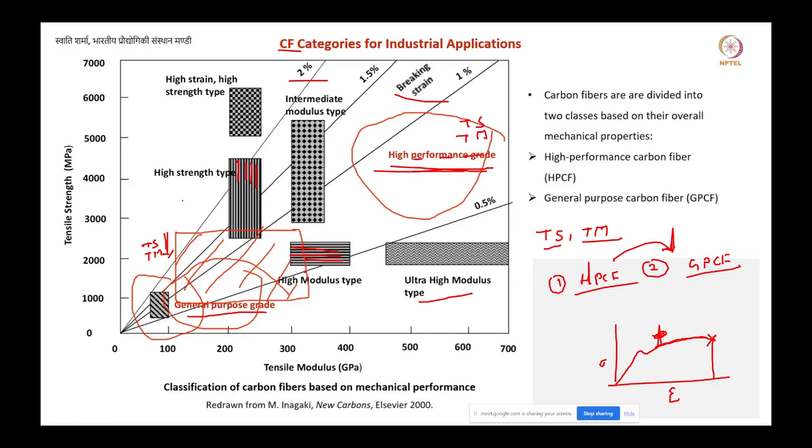Suppose your application doesn't want a very high specific property like very high strength and modulus, you don't need to go for that kind of orientation of your structure, or let's say a processing technique. You can have something simple and get a material with normal properties.